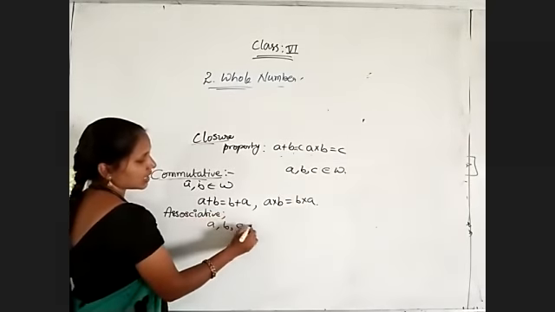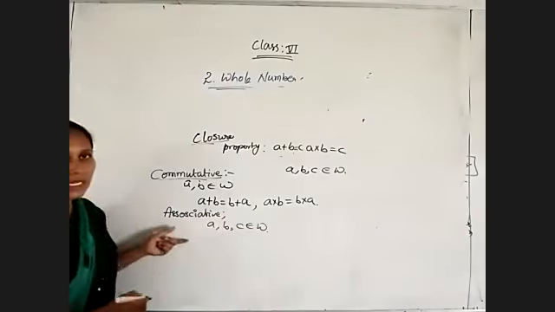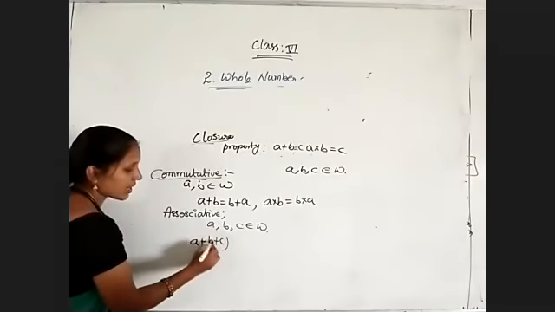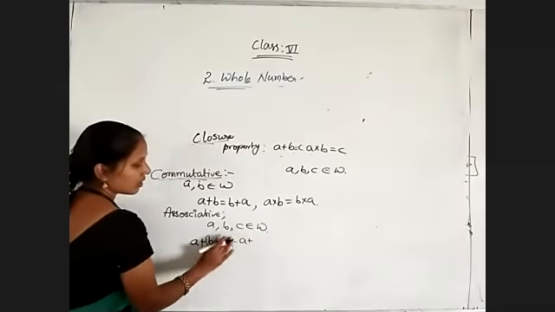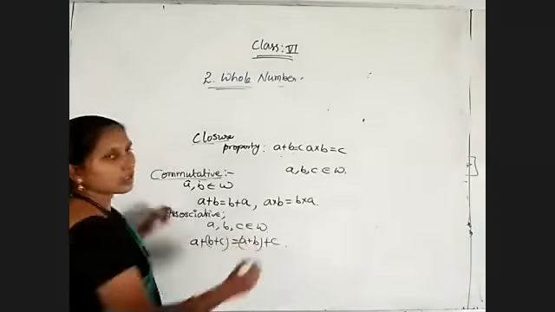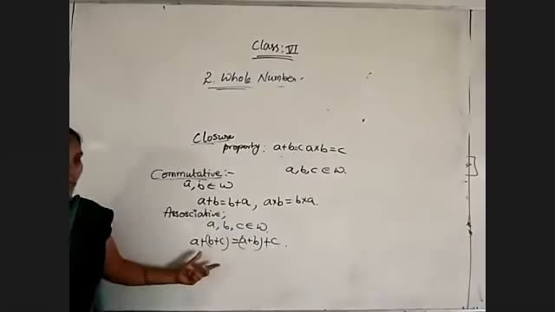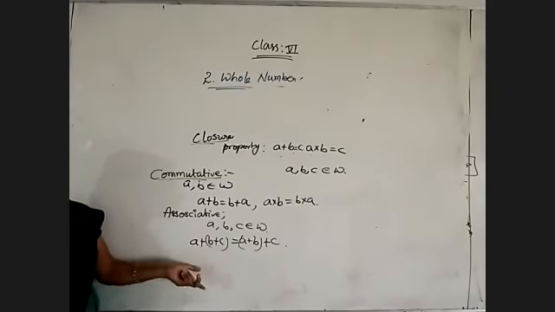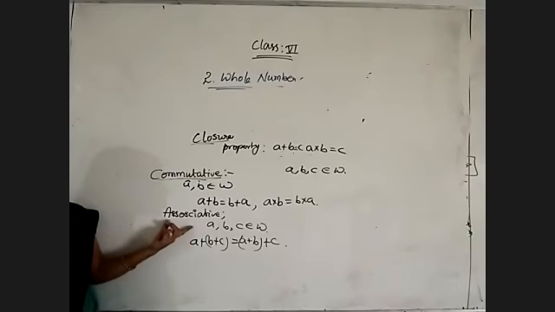A, B, C, these three numbers belong to whole numbers. If we are performing the addition by changing the grouping, then also there will be no change in the result. That statement is given by associative property for three numbers. Not only addition, multiplication is also suitable for associative property.